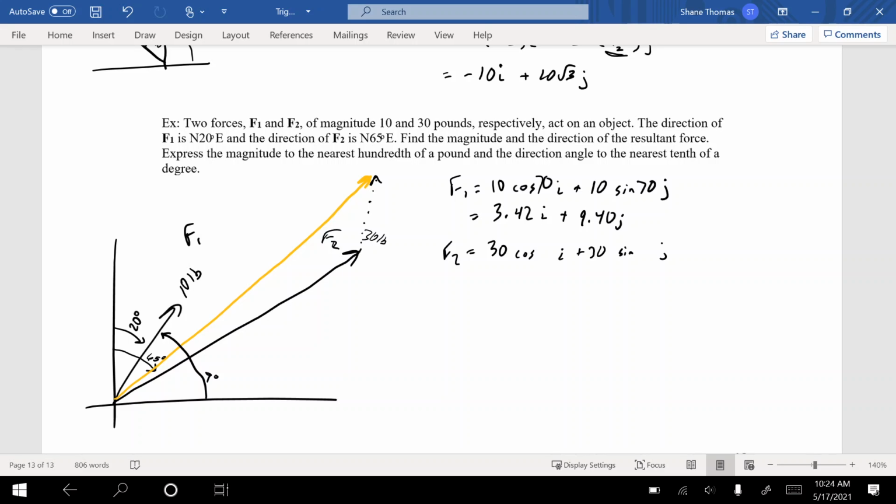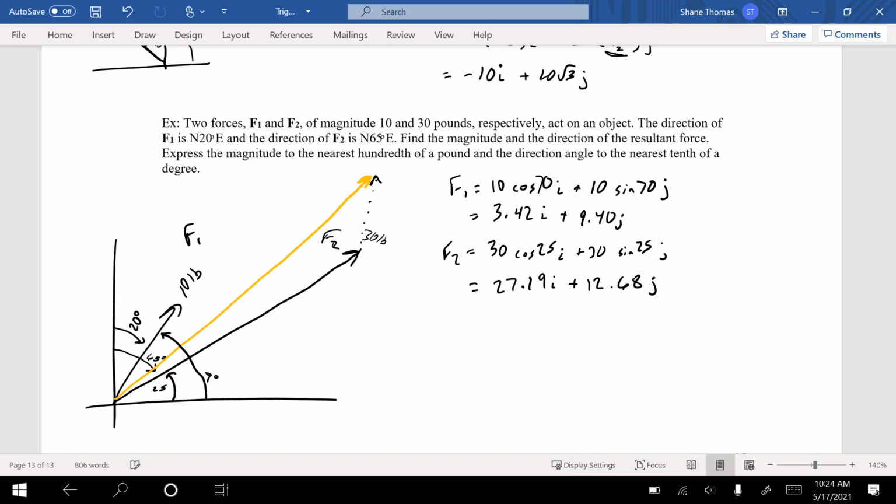What would this angle here be then? 25. Good. So it'll be 25. So that's the angle we want to use for this guy. So I'm going to have 25 here and 25 here. Same thing. I'm going to bang it into the calculator. 27.19I plus 12.68J.